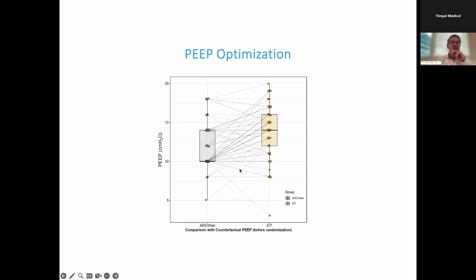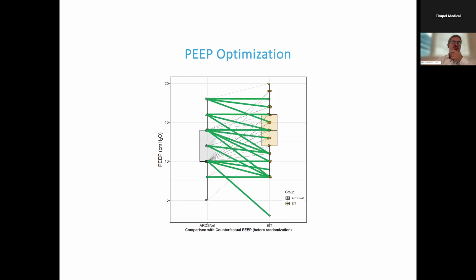We could think that because we want an optimized lung condition, maybe EIT PEEP would always be higher than the PEEP FiO2 table PEEP, but that was not actually the case. In many instances, the PEEP selected according to the crossing point was lower or equal to the PEEP according to the PEEP FiO2 table.